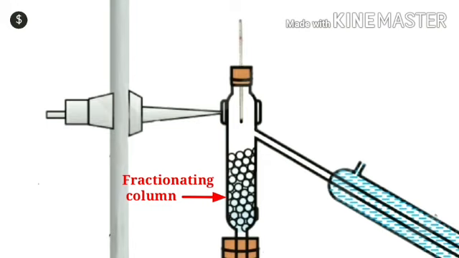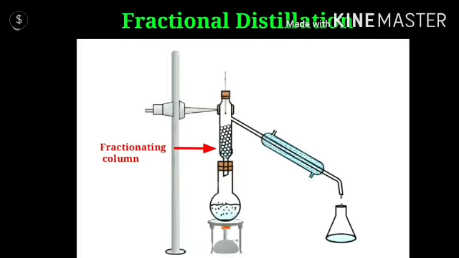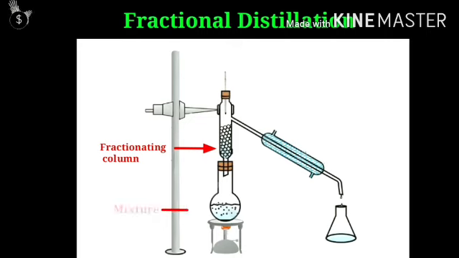In the simple distillation method, this fractionating column was not there, and here a fractionating column is added over the distillation flask, and this fractionating column is for separating different components of the mixture according to their boiling point. In this, some beads are there.